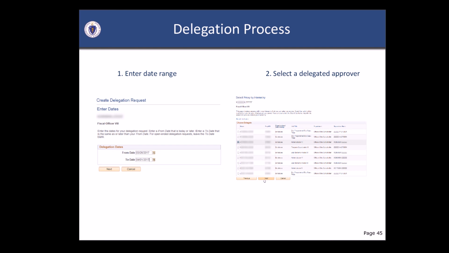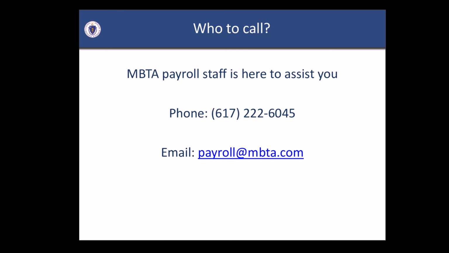It's going to ask you to enter a date range of when you'd like the time approval to be done, and then you also select a delegated approver, the person you want to delegate time responsibilities to. As soon as you hit next, it'll save, and it will generate an email to that person. They'll log in and be able to either accept or reject that delegation.